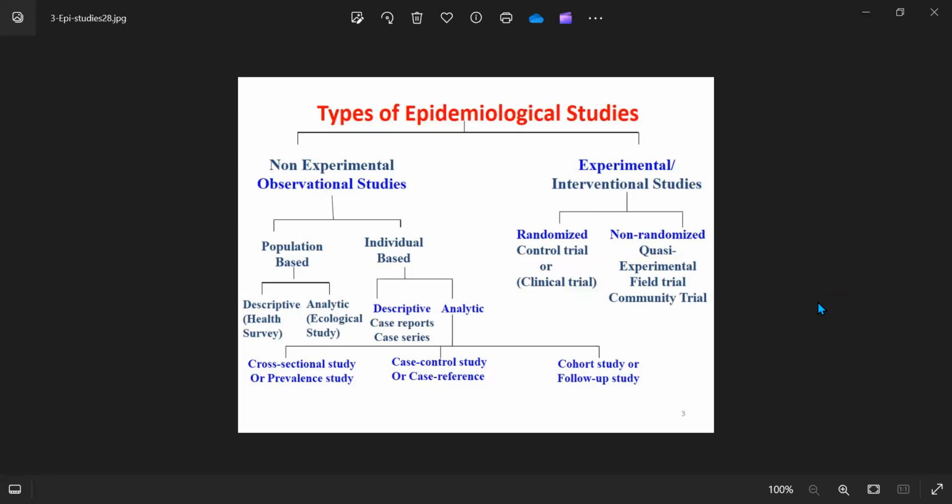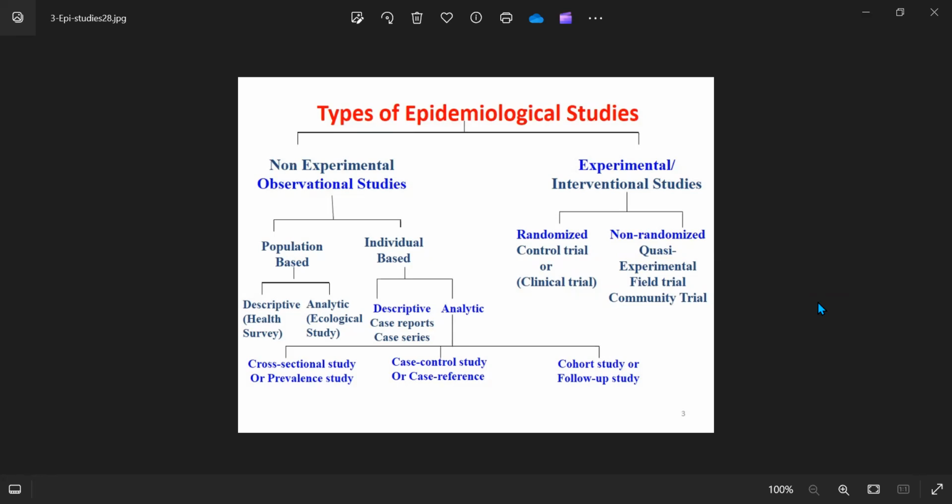Today, we will be looking at an interesting and very important section in research methodology known as research designs. In this lecture, we are only going to focus our discussion on epidemiological study designs.